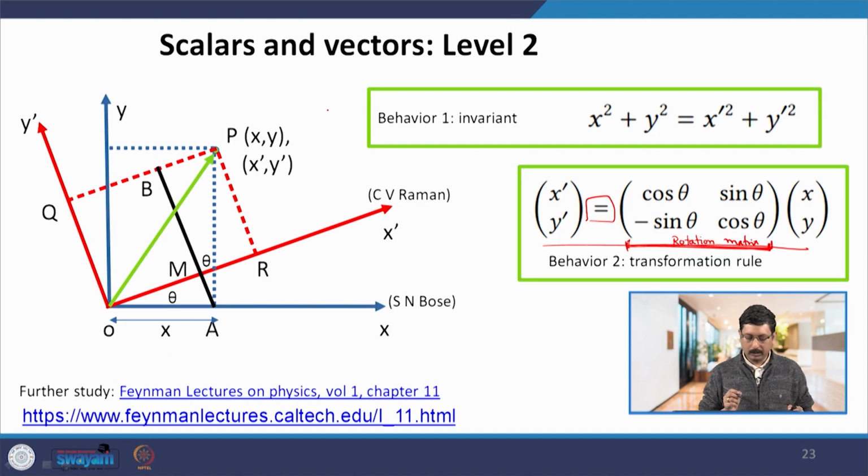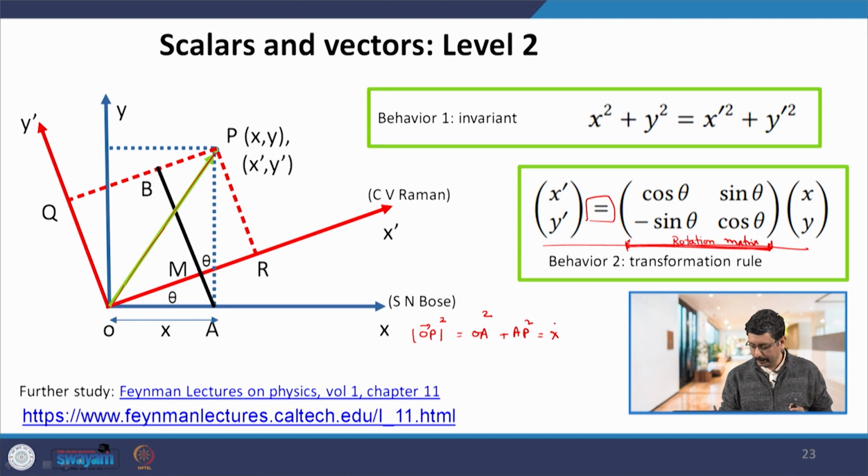Now, I want to highlight 2 points. If I look at the distance from point O to point P, this distance is represented by the length of this side OP, and OP square is equal to OA square plus AP square. So, OA square is x square and AP square is y square.